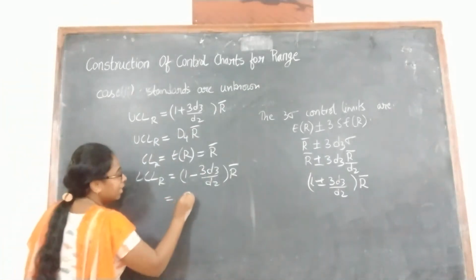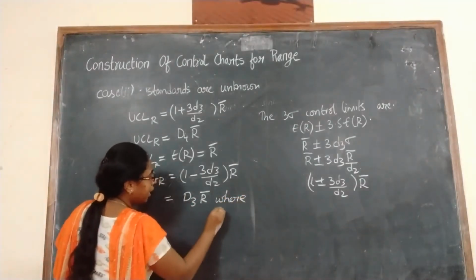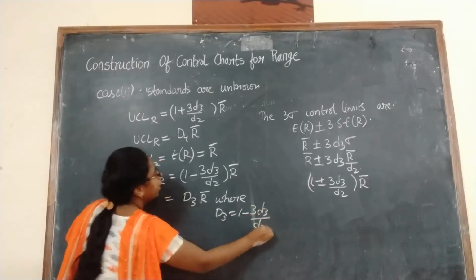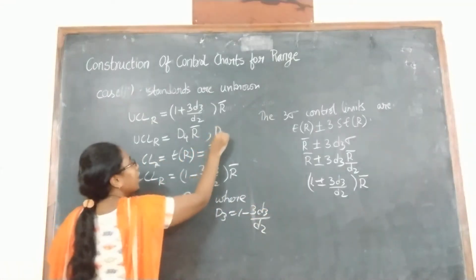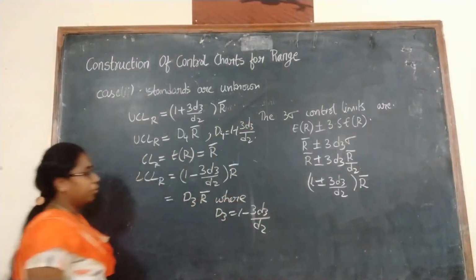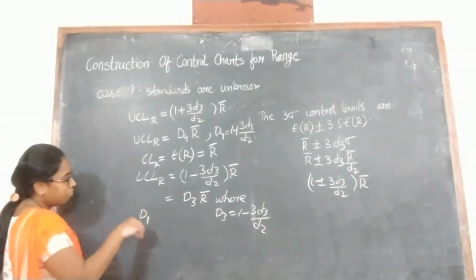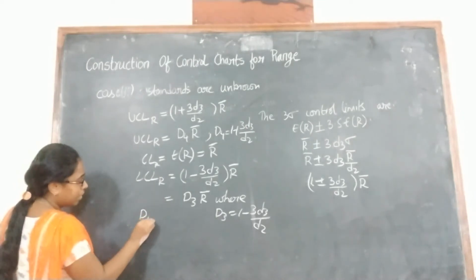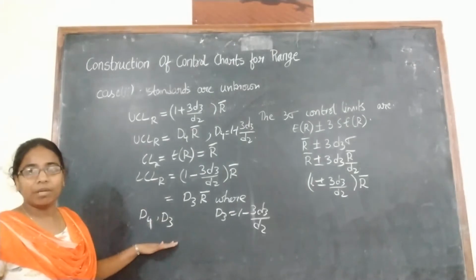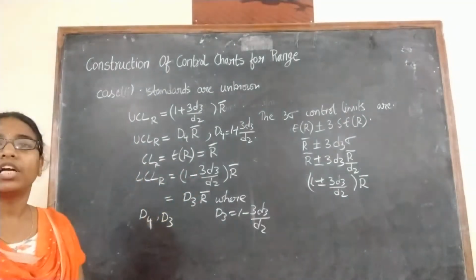So you will get D3 into R bar, where D3 equals 1 minus 3D3 by D2. And the D4 value is 1 plus 3D3 by D2. So these are the control limits for case 2. The values of capital D4 and D3 can be obtained from the SQC tables for the different values of n. So this is the setting of the control limits.